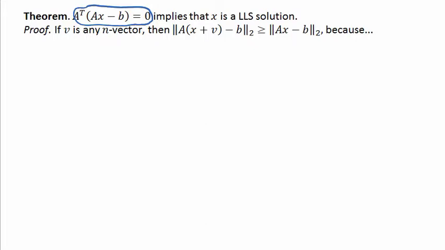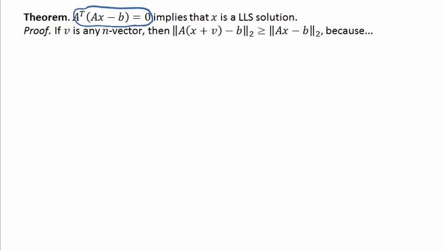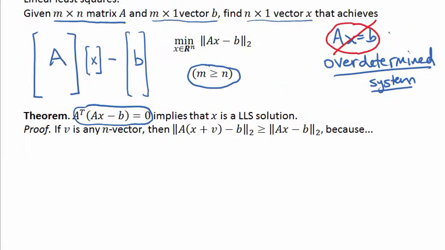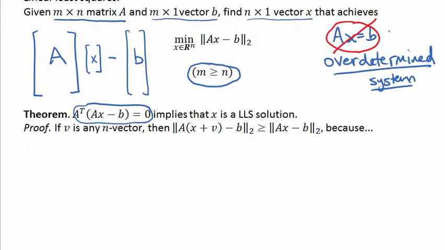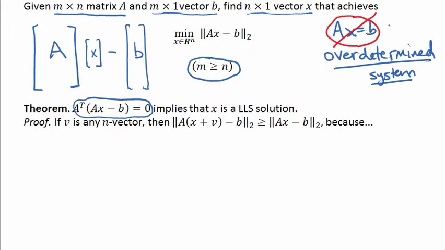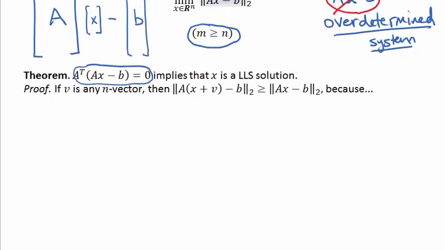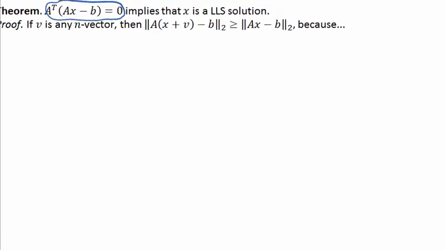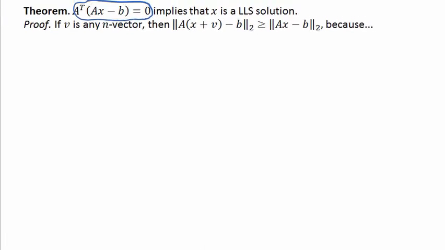So the overarching idea of this proof is to say, well, if x truly minimizes this thing that we have here, then any other vector that we put in here has to give us at least as large a result. So if v is any vector whatsoever, I should find that the norm of Ax plus Av minus b is at least as large as the one that we're calling the minimum. If we can prove that, then x really is something that minimizes the norm over all vectors.